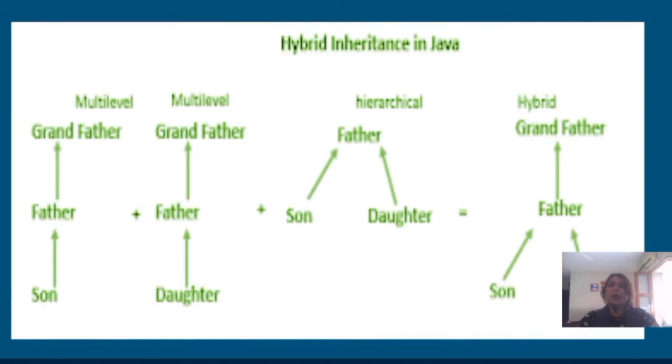Now let's see how hybrid inheritance works in Java. You can see here the multi-level inheritance. What is in multi-level inheritance? Grandfather, father and son, or we can say the combination of multi-level, grandfather, father and daughter. Adding these two together, what do we get? Hierarchical inheritance. First we get hierarchical inheritance, father with son and daughter.